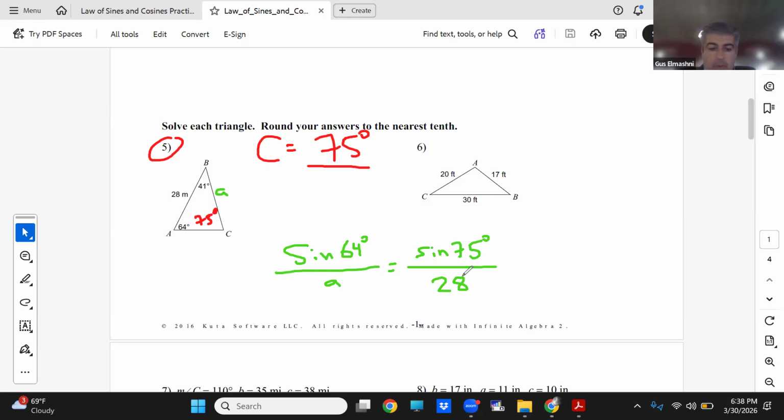So go and solve for a, and let me know what you get when you're ready. I got for a 26.054.